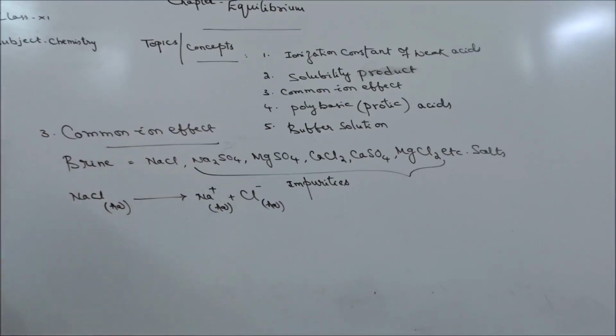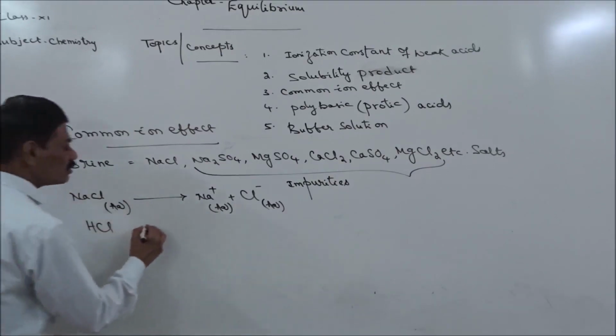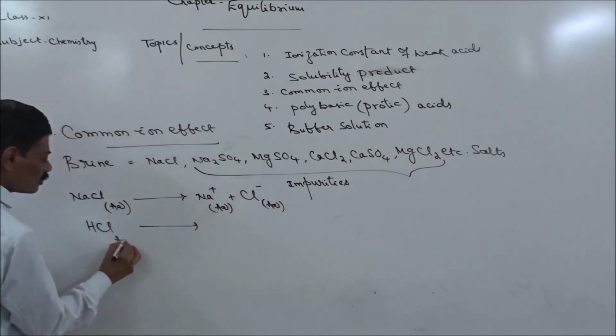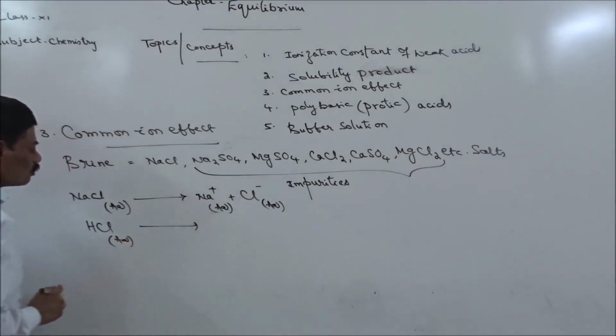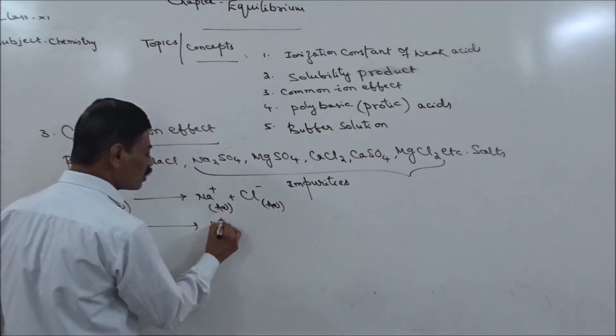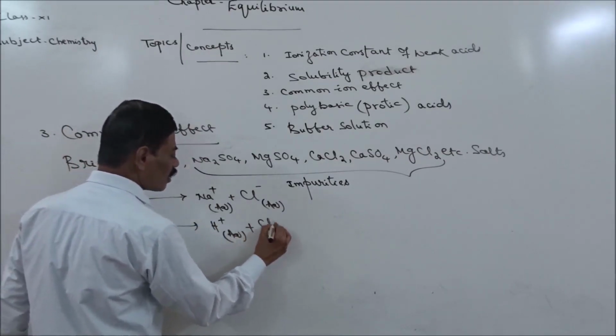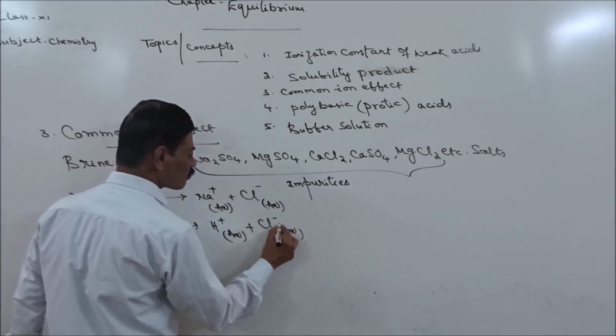Then next, what I am going to do is hydrogen chloride. I will pass this hydrogen chloride into this sodium chloride solution. Here hydrogen chloride will also undergo ionization to form H plus ions and Cl minus ions.